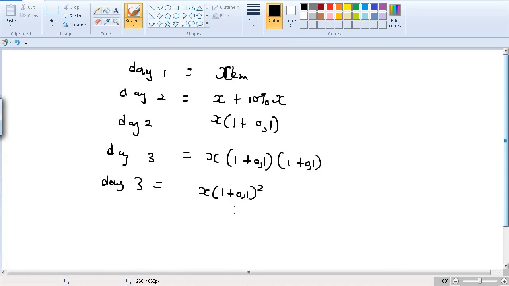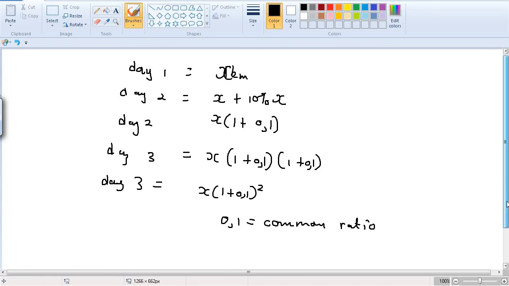Because this is following a sequence, we can conclude that 0.1 is our common ratio, i.e. the difference between each successive distance covered.